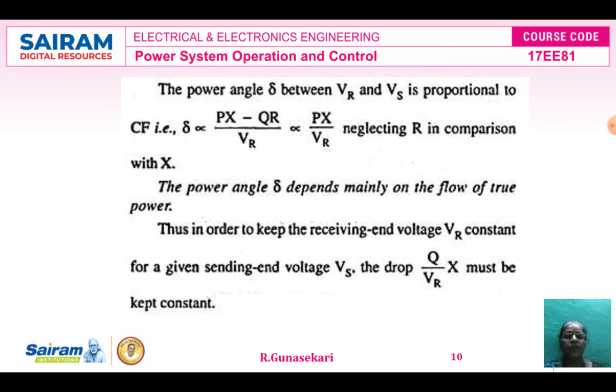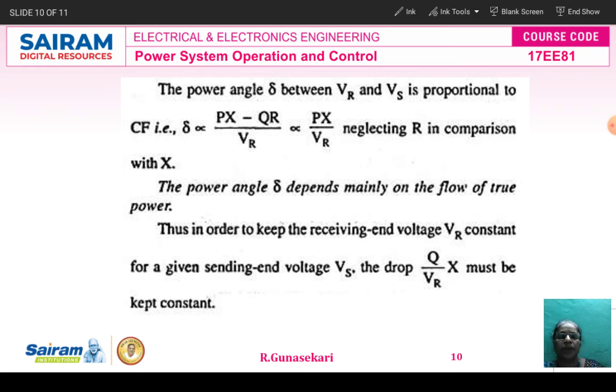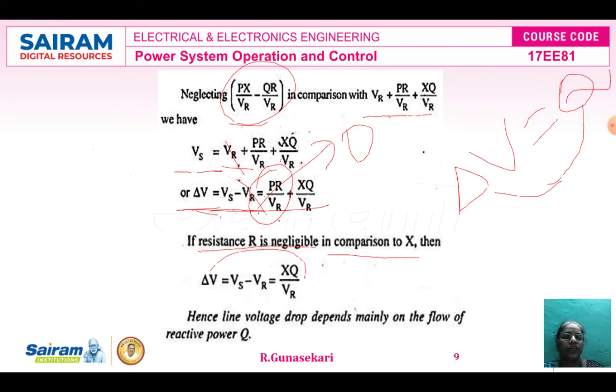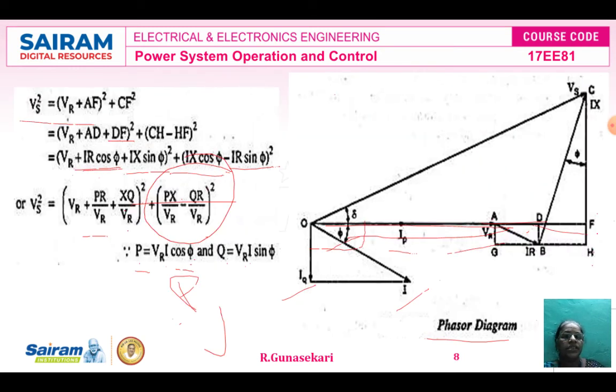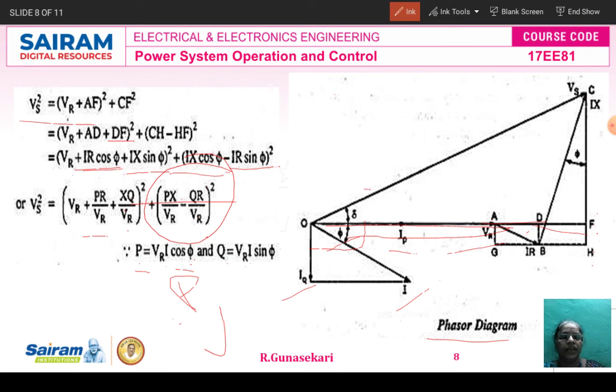Now you see the power angle delta. The delta represents the power angle or load angle or torque angle. This is the angle between the VR and the Vs. Now you see the vector diagram, then you can understand. This is the delta. So the delta is nothing but the angle between VR and Vs only.